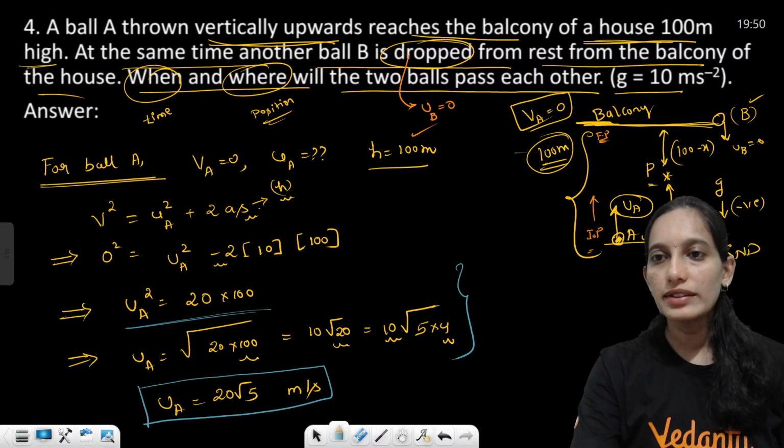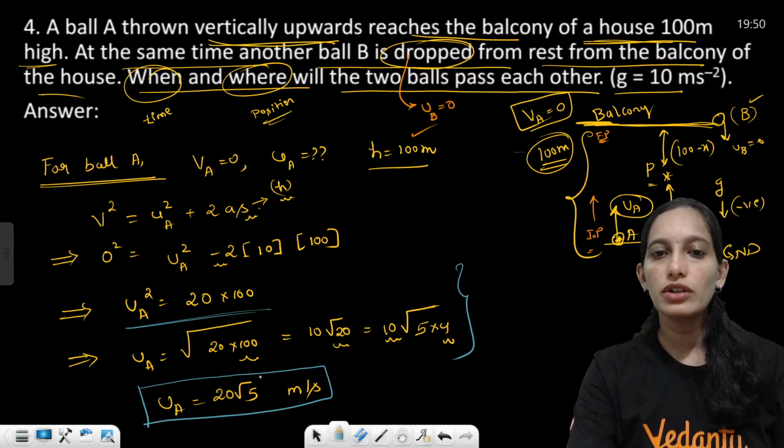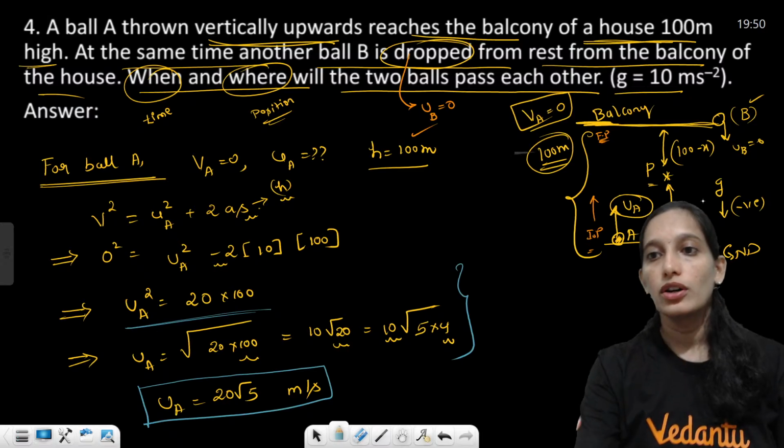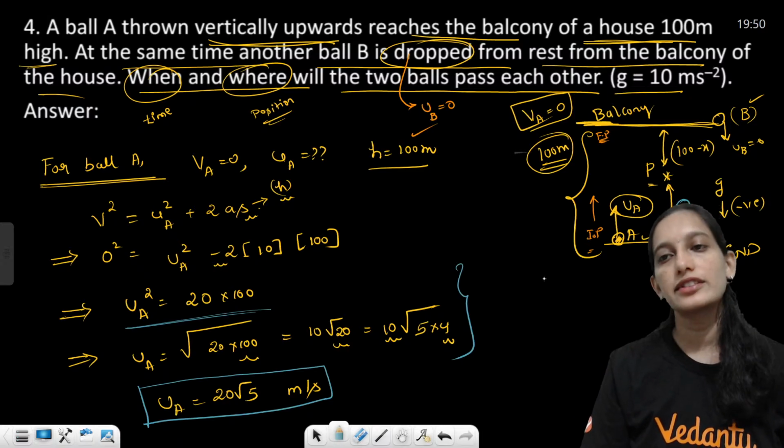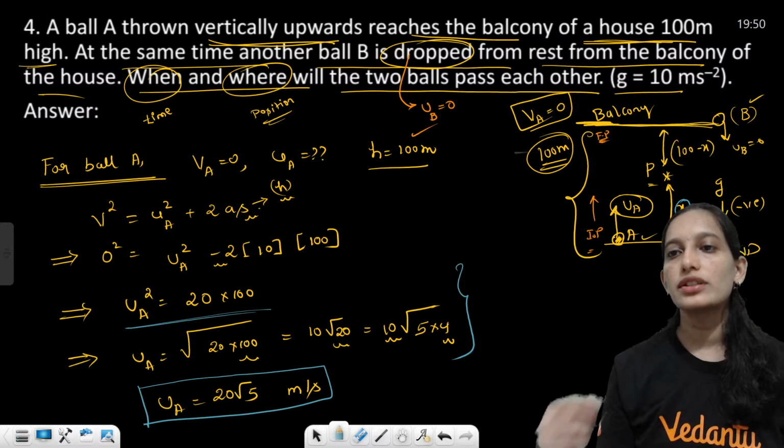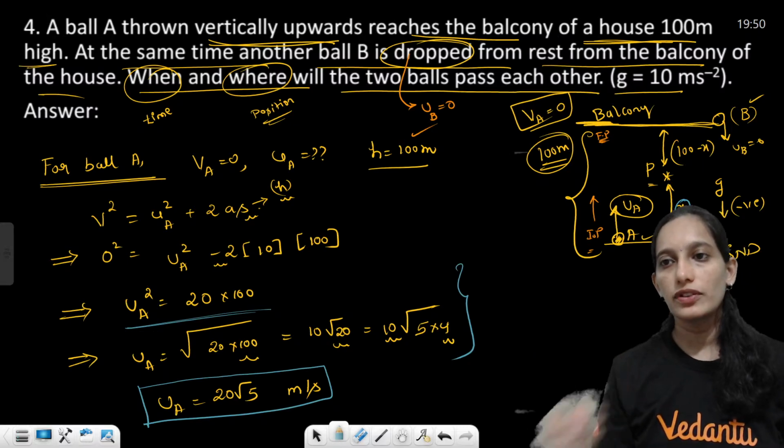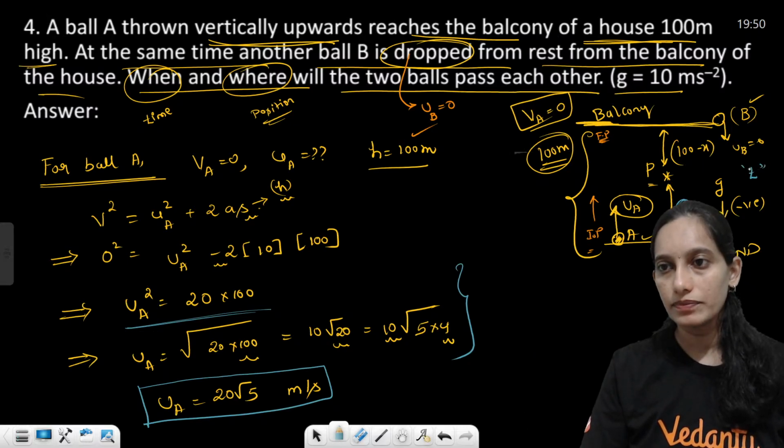One thing we got, but this was not our whole idea. Our idea is to find out what this x and the time are.